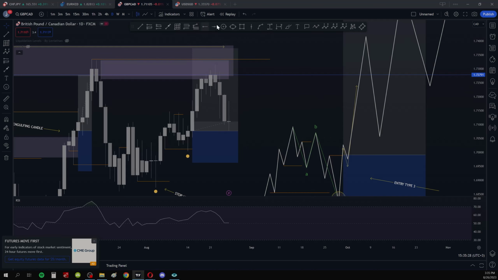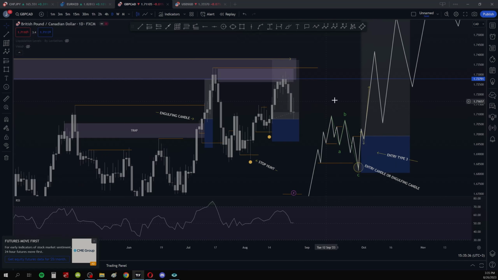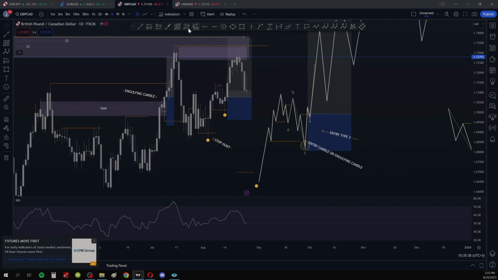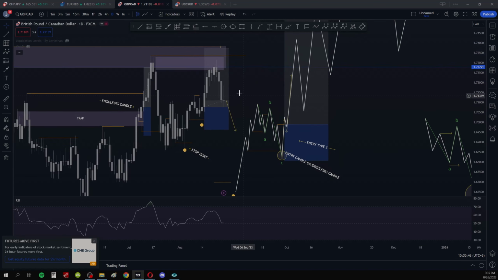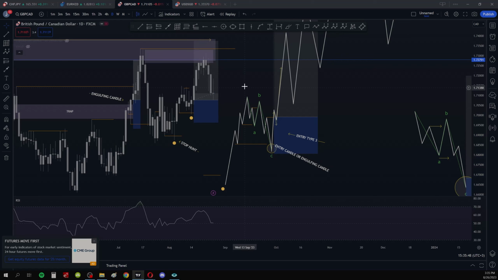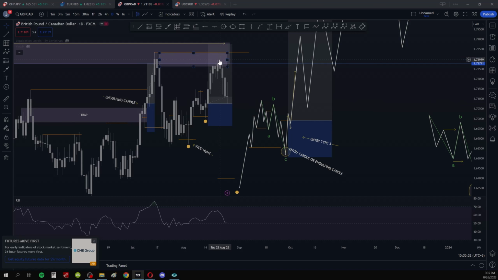It can just reverse from here and go up, or it will take out this low here and then go up. We'll see what happens. Maybe it just goes down. Okay, we'll see.